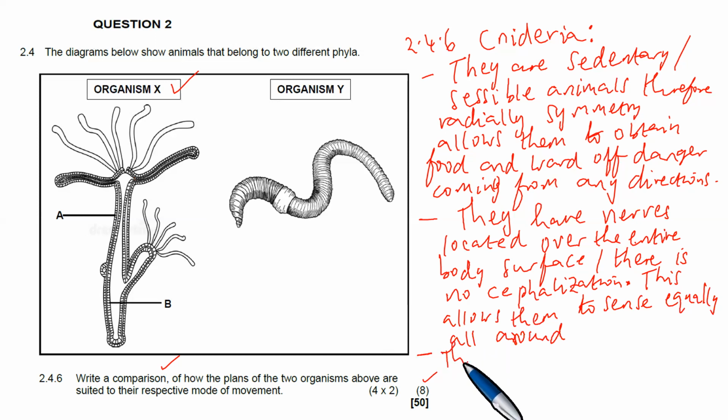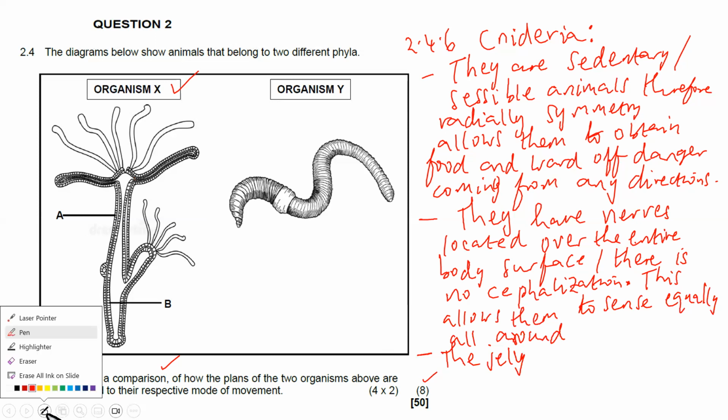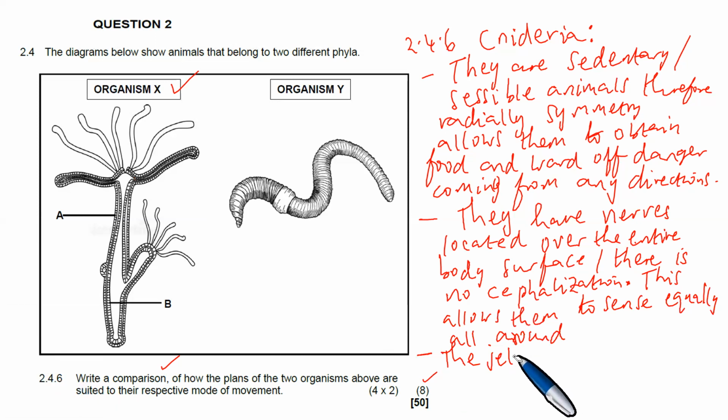Here we're saying they have nerves and they can sense. In the first point, we're saying that because of their symmetry, they are able to obtain food. The second point, they sense. In the third point, we describe the jelly-like substance.